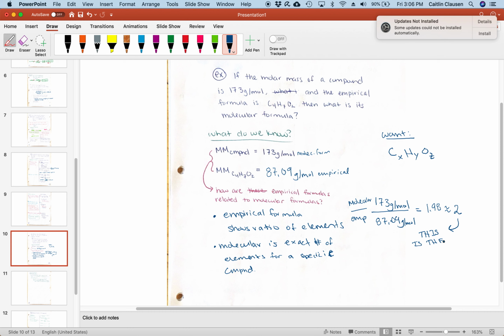This is the factor to multiply the empirical formula by to get the molecular formula. So if I take C4H7O2 and I multiply all those things times 2, that gives me C8H14O4.